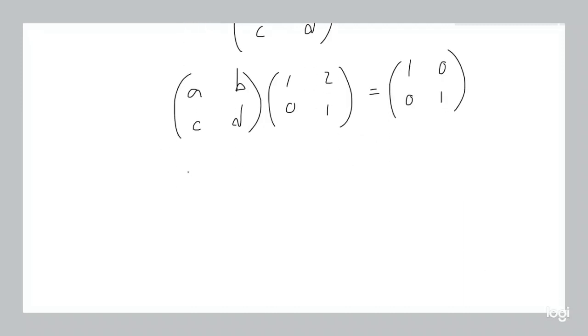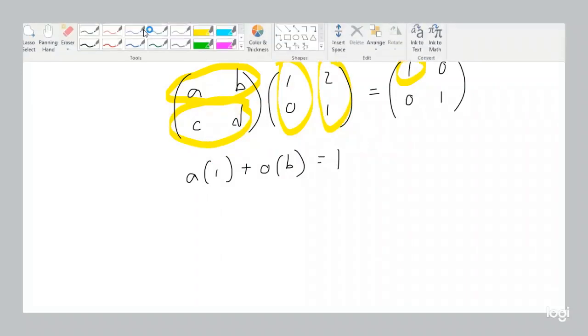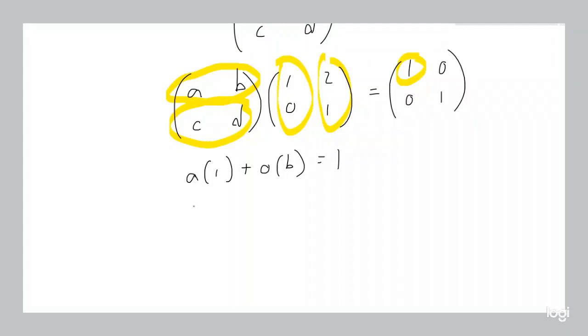So you could say, okay, A times 1 plus 0 times B equals 1. Okay, that's that first dot product there, right? So this row dot product with this column should get us this value right here. And you could do that for the other combinations of rows and columns, right? So you could say that A times 2 plus B times 1 should get you 0, right?